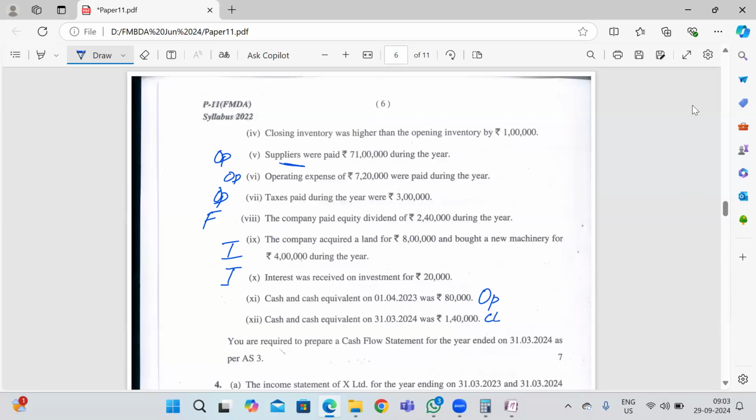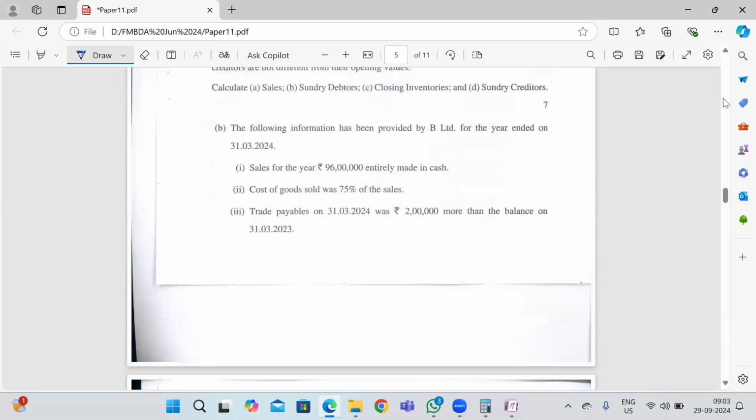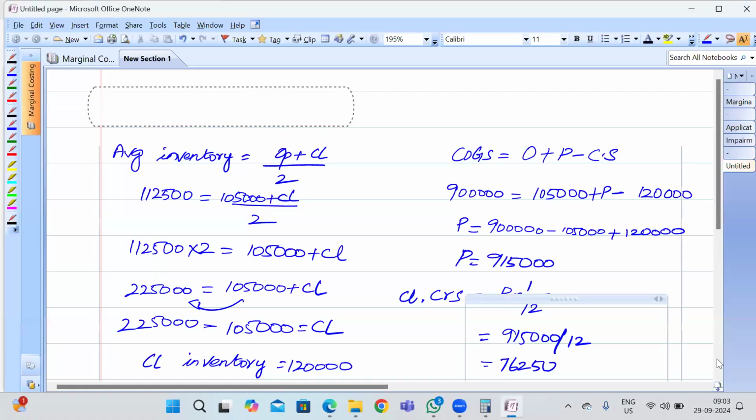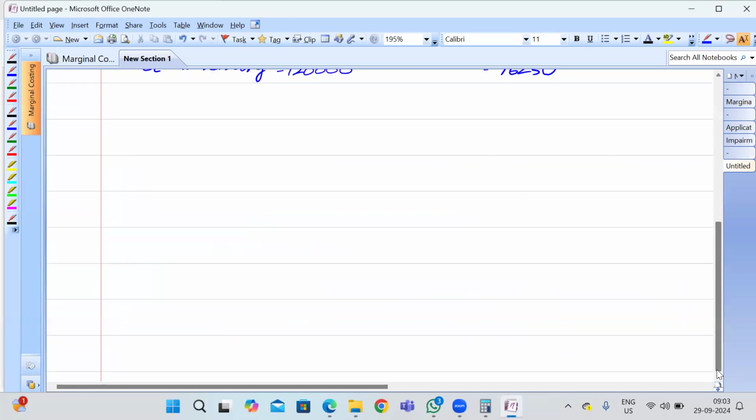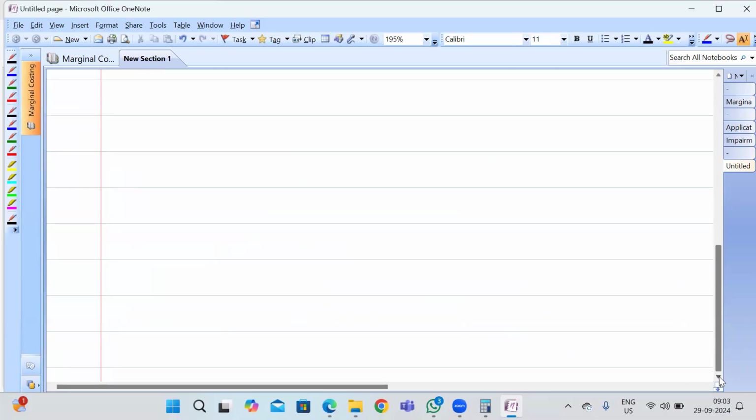Closing inventory, this and all fine. So we have sales and the cost of goods sold, and everything will come under my operating activities. So let's calculate this. Now I need to calculate first cash flow from operations, based on the given information.